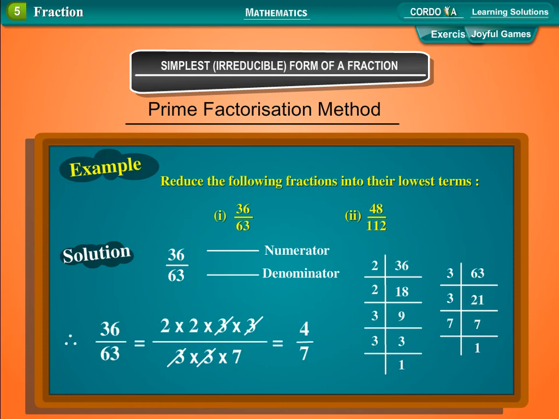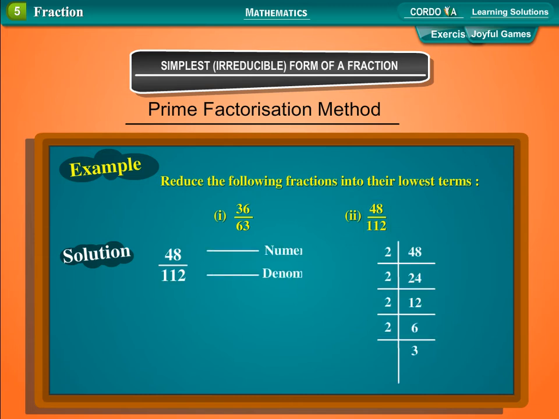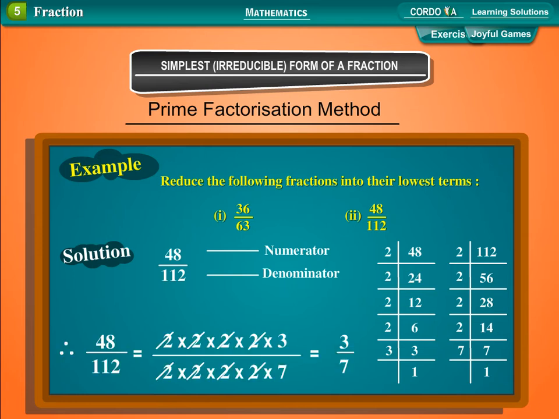Therefore, 36 upon 63 is equal to 4 upon 7 is the required fraction in the simplest form. 48 upon 112. Numerator is equal to 48. Denominator 112. 48 upon 112 is equal to 3 upon 7 is the required fraction in simplest form.